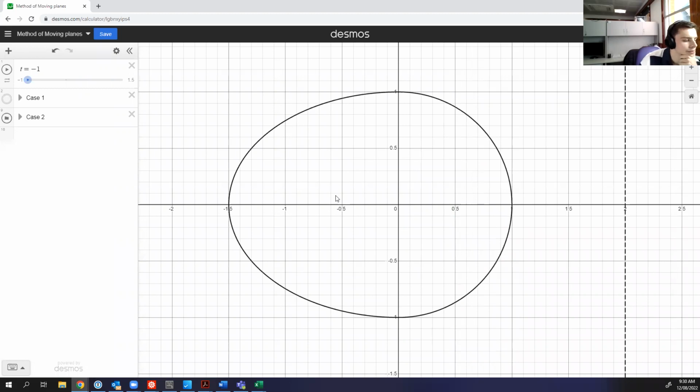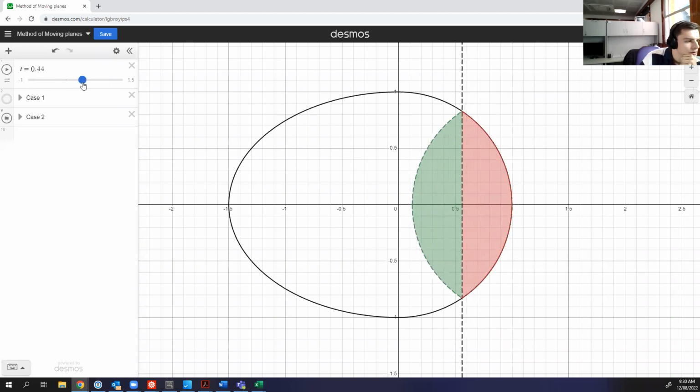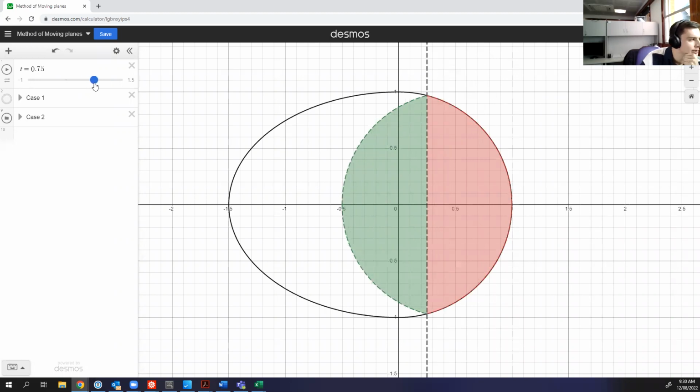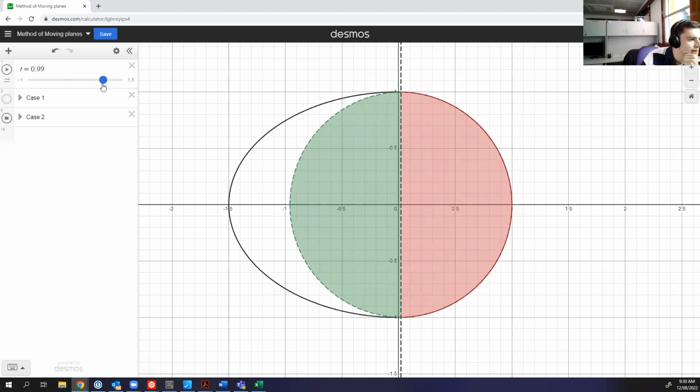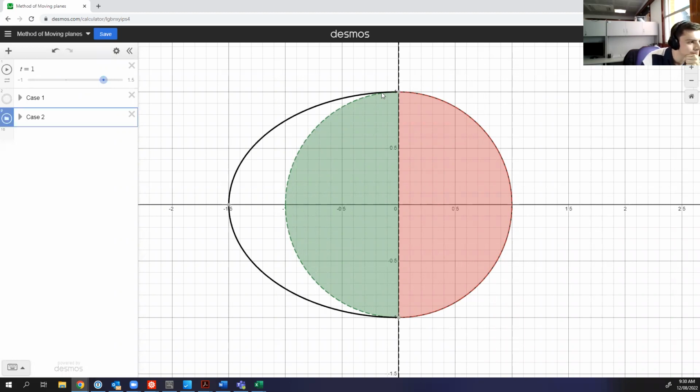Case 2 is something like this egg shape. So as I slide my plane, it reflects, but it doesn't become internally tangent. The issue is that at this point here, my plane is orthogonal. Sorry, the normal of my boundary is included in my plane.